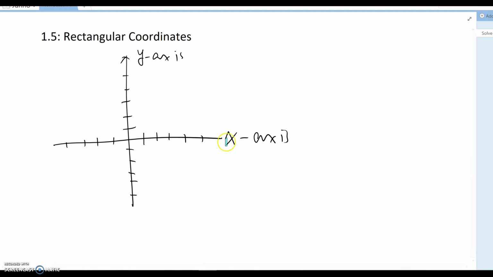As you see, we have two different variable axes. So we need to know how to determine the x and y value.